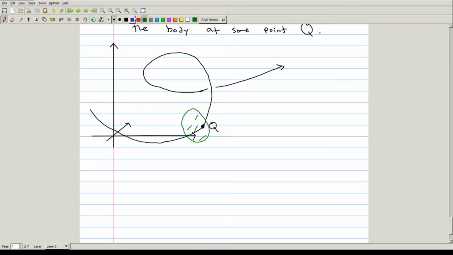And you have this point Q inside of the body that's frozen, where it's following this curve C. And we have the definition of the normal vector, the tangent vector, and the binormal vector that, remember, is fixed inside this body at this point Q.